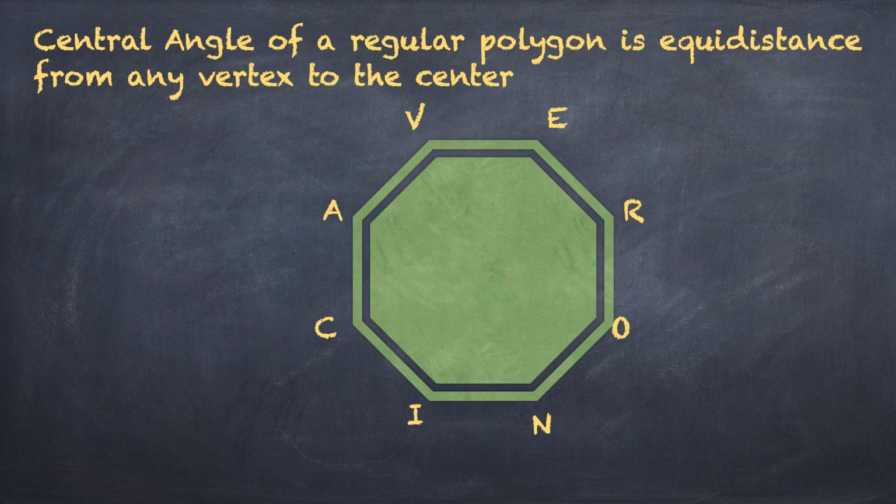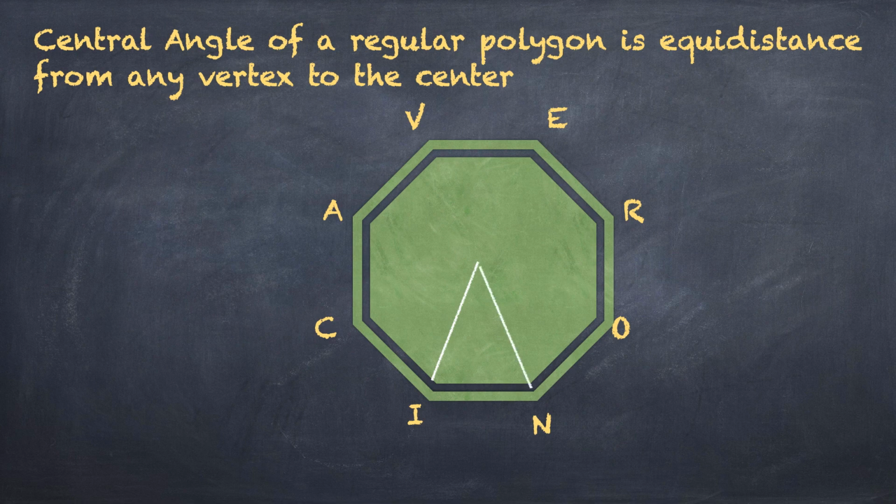Now, let's look at another vocabulary word called the central angle. The central angle of any regular polygon is formed by segments equidistant from the vertex to the center. So any vertex. So I'm going to go down here from I to the center and N to the center.